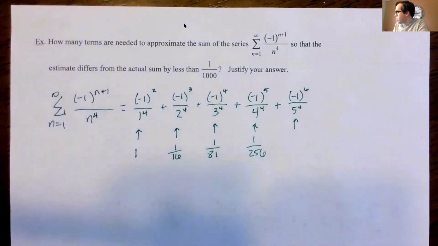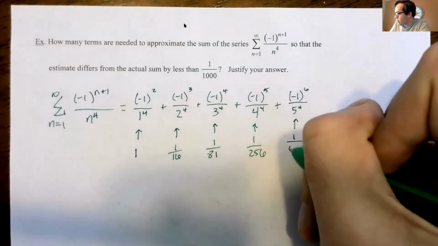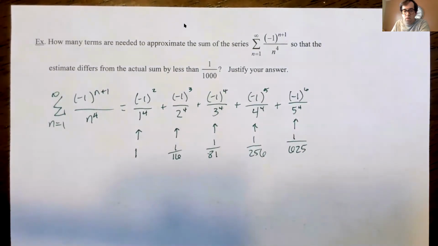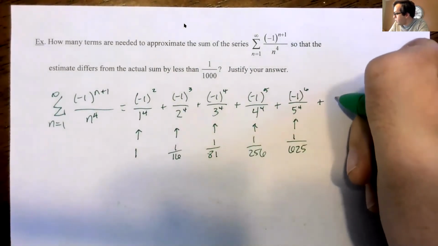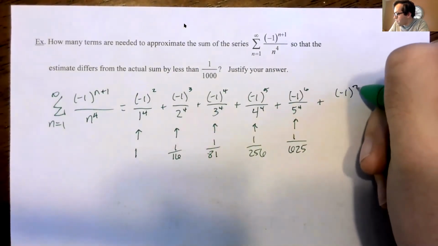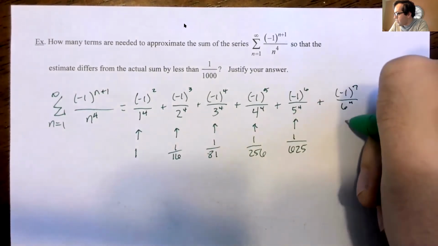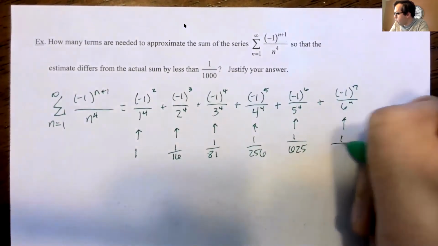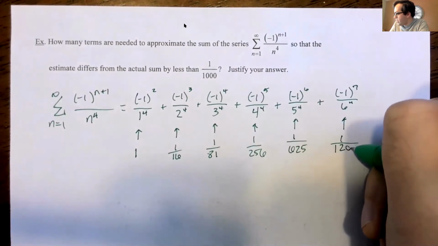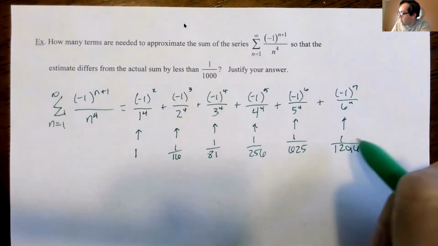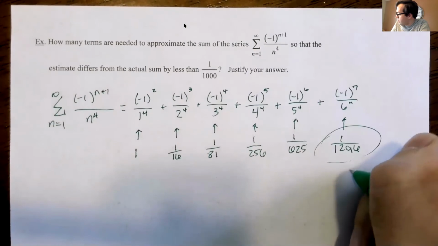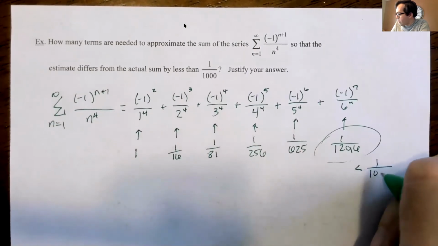And that one's going to equal 1 over 625. Still not smaller than 1 over 1,000. So I'm going to keep going. And this one is 1 over 1,296. Okay, so that's the first term that's smaller than 1 over 1,000.